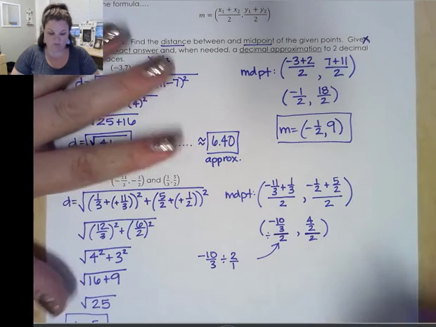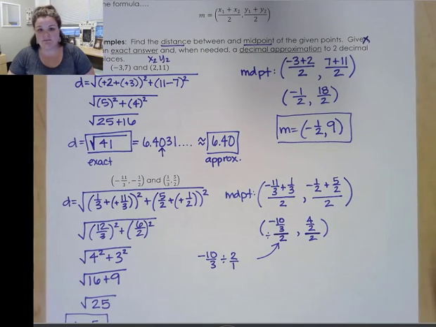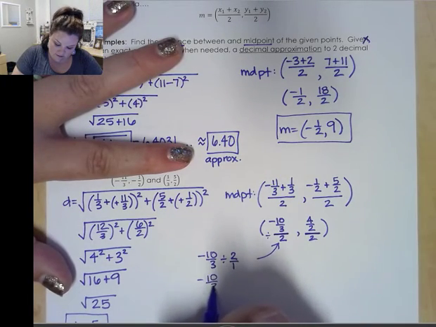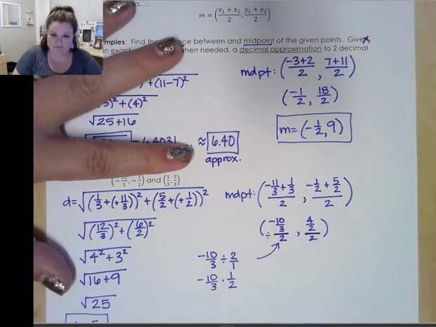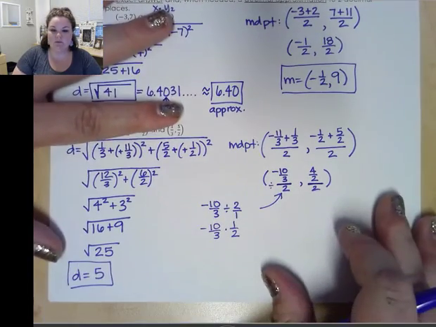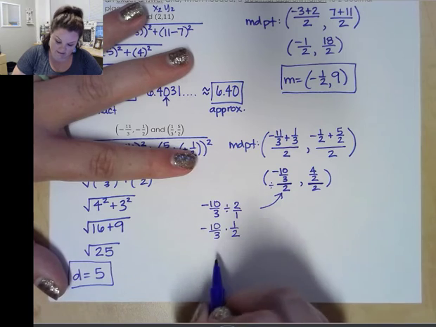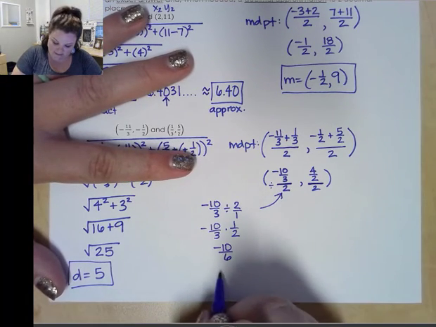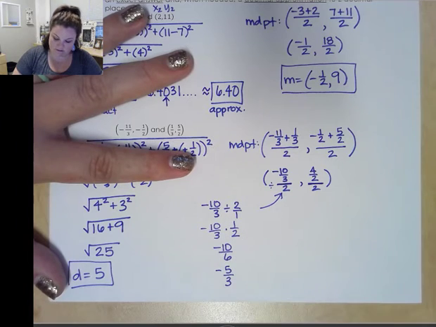And 2 I can write as 2 over 1. When we divide fractions, remember we flip and multiply by the reciprocal of the second. So this is negative 10/3 times 1/2, which gives negative 10/6, and then I can reduce that to negative 5/3.